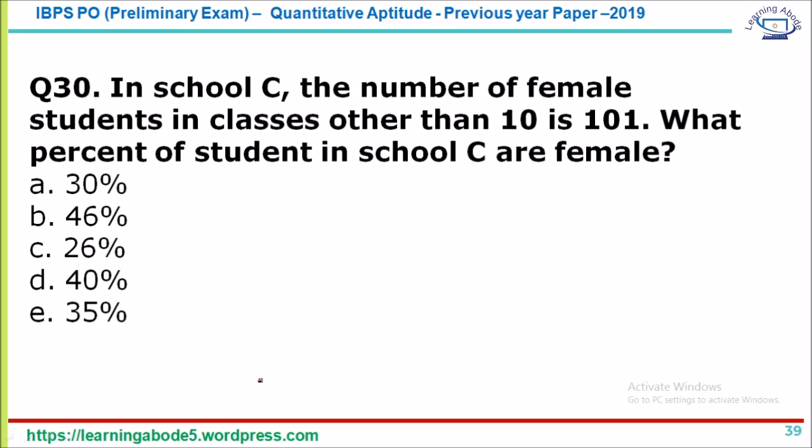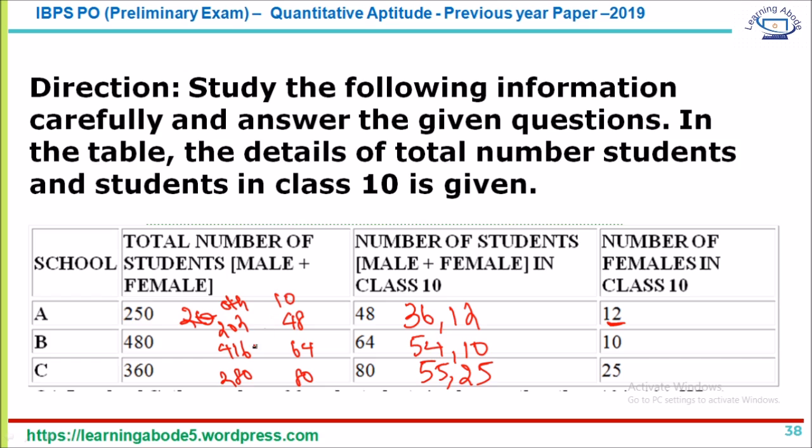Now, other than class 10, school C, there are totally 280 in the other group.